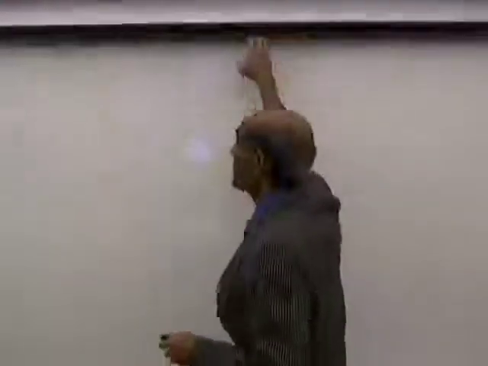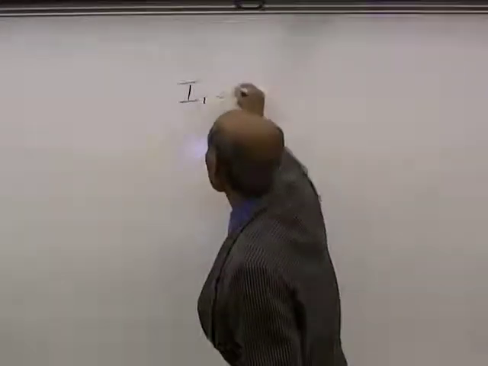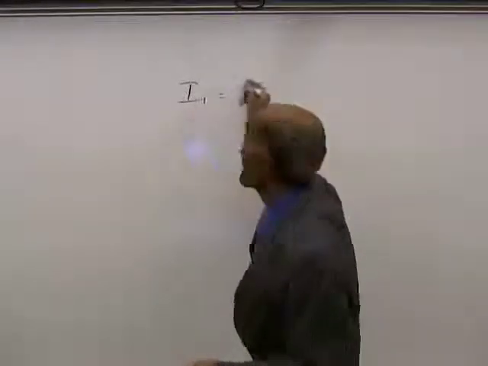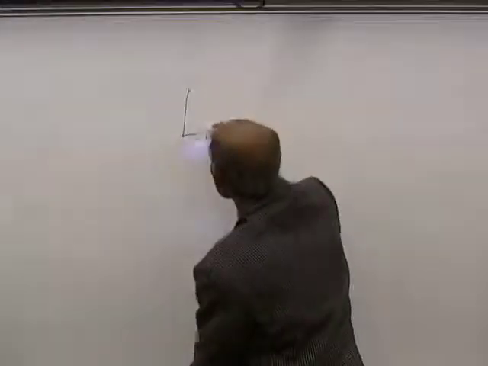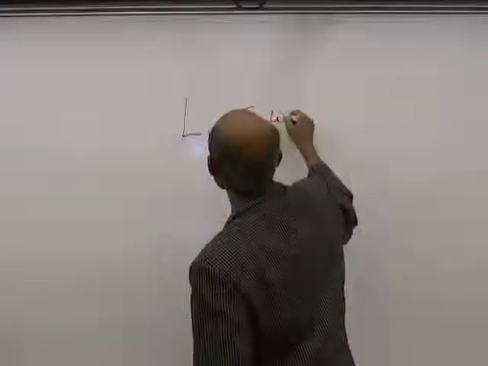So if I start spinning with my arms like this, I have an angular momentum. What will be my angular momentum? My initial angular momentum, L initial, equal to I1 omega 1.